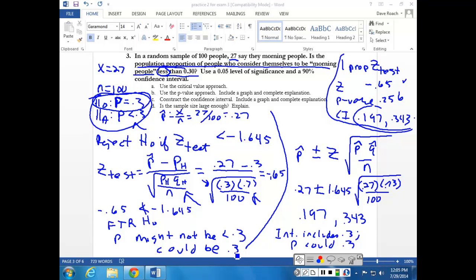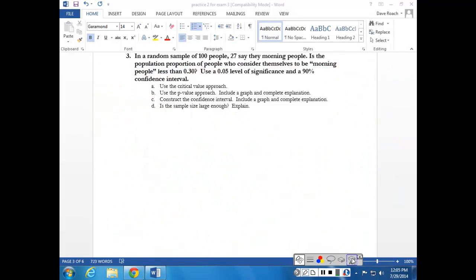Okay, our Z was, trying to remember here, minus 0.65. And if we have the Z, I might ask you to show all your work in calculating the p-value. So a Z of 0.65, back on the Z table, is 0.2422.